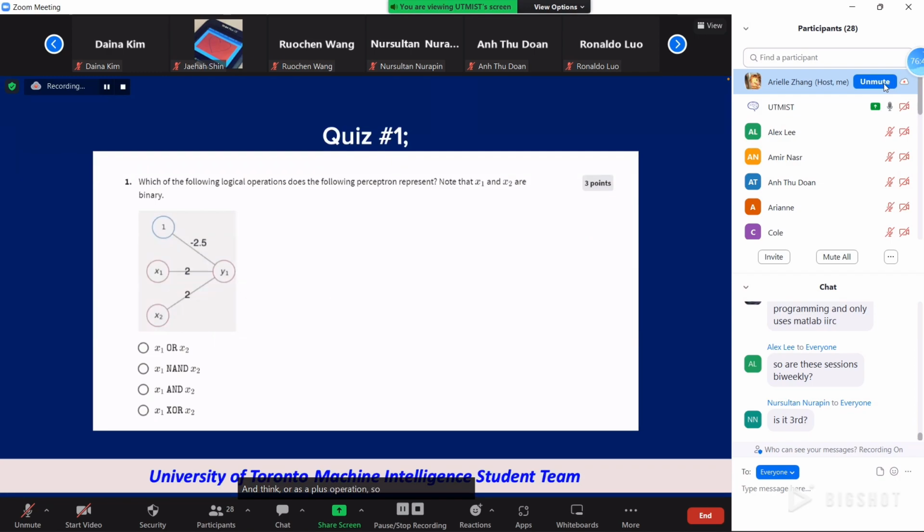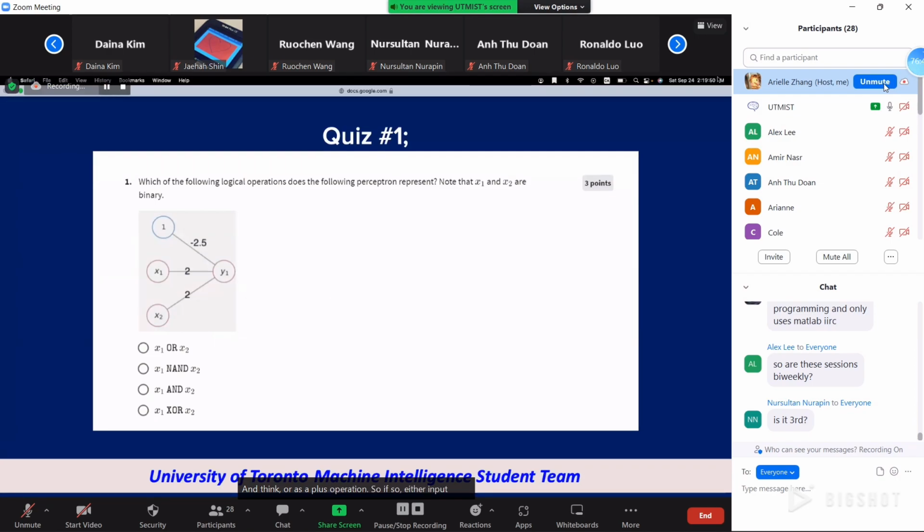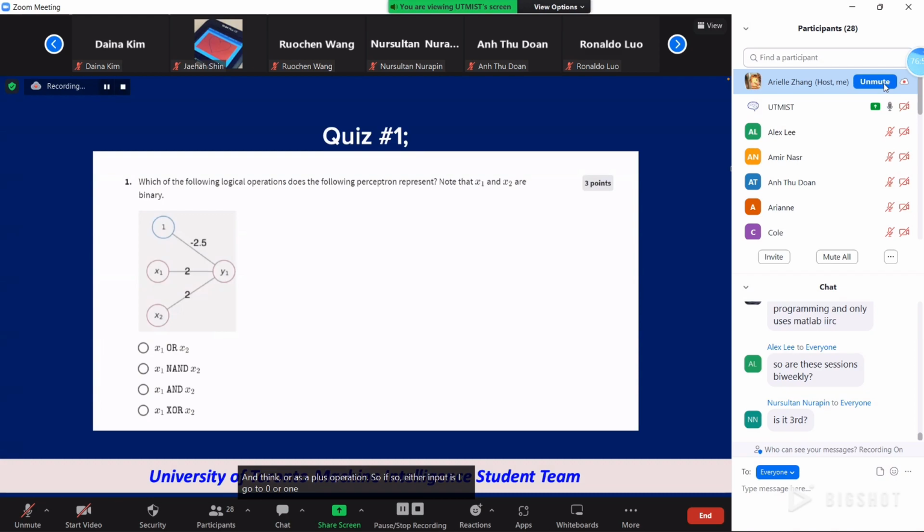If either input is 0 or 1, and you have a single 1, the output will be bigger than or equal to 1, right? And the AND operation is kind of like multiplying the inputs. If either one of the inputs is 0, then whatever times 0 is 0, right? So only if both inputs are 1 will the AND become a 1.